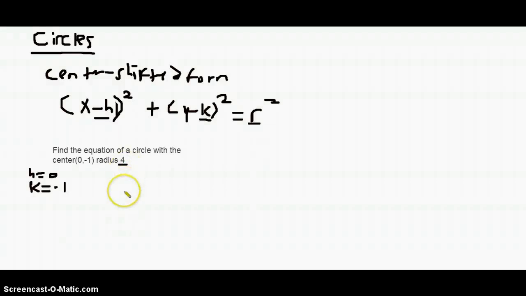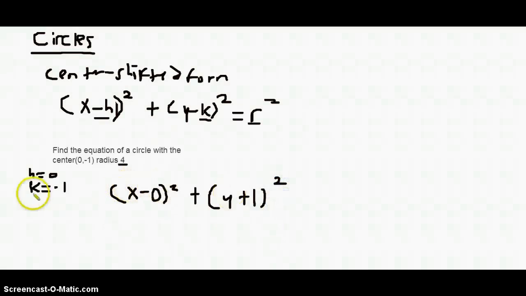So in other words, what's going to happen here is (x minus 0) squared, because I'm just plugging in the 0 for h, plus (y plus 1) squared.